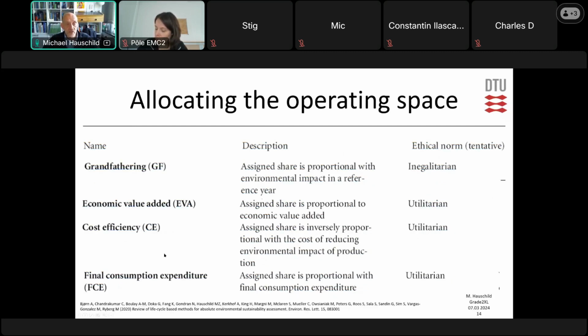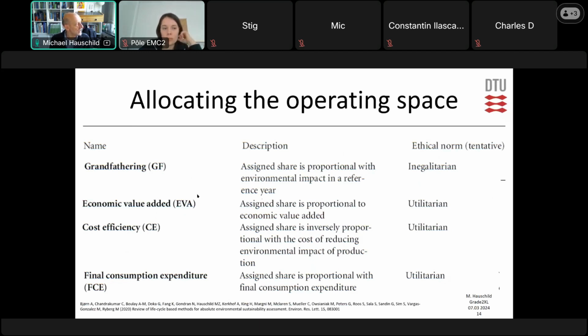And I'll just jump on to the next two, the grandfathering and the economic value added, which are the two that are used in the example that you will see in a little while. Grandfathering is where you assign a share proportionally to the environmental impact that the activity has in a reference year.